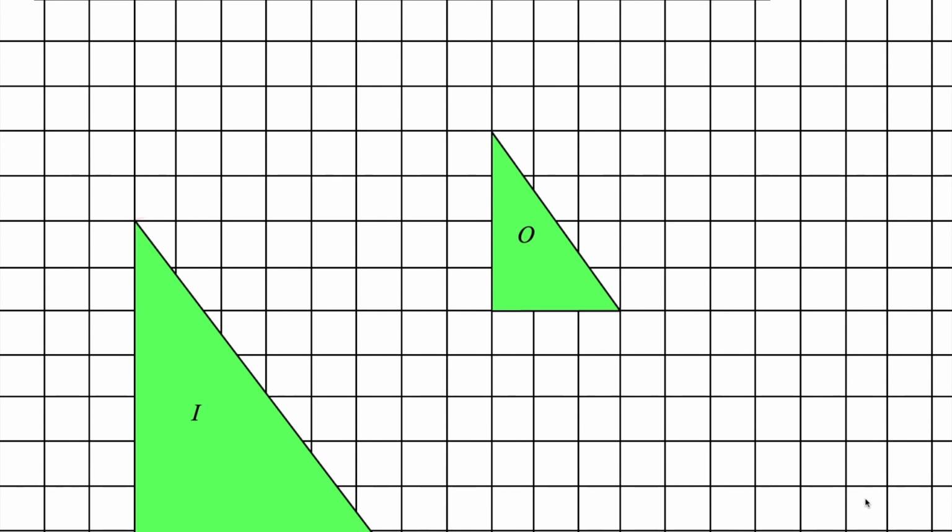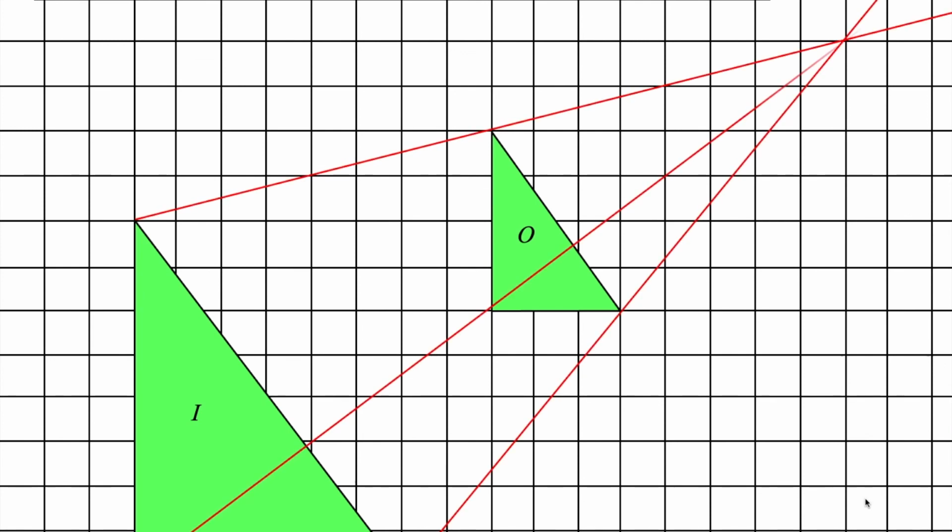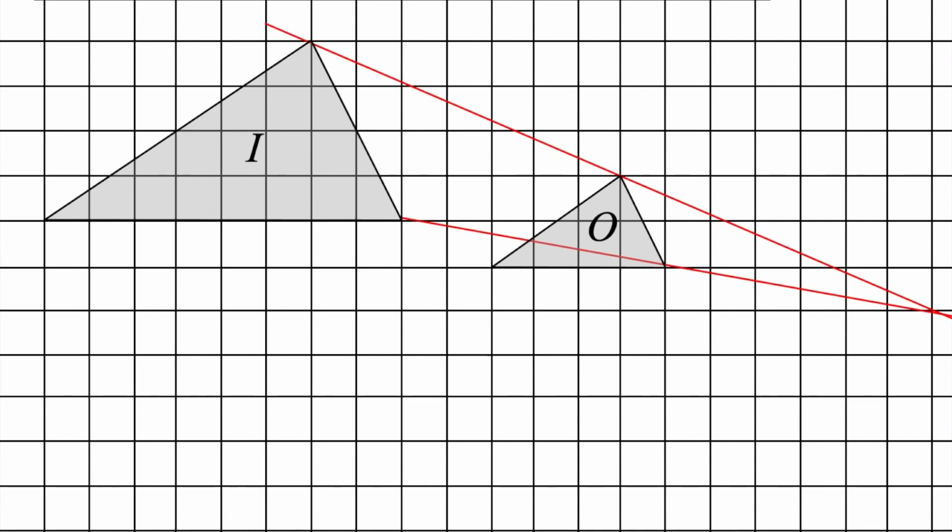So you just draw construction lines through, and where they meet, that will be your center of enlargement. Here's another example. So again, you still need to find the center of enlargement. You do the same thing, corresponding points, draw your construction lines all the way through, and where they meet, that would be your center of enlargement.